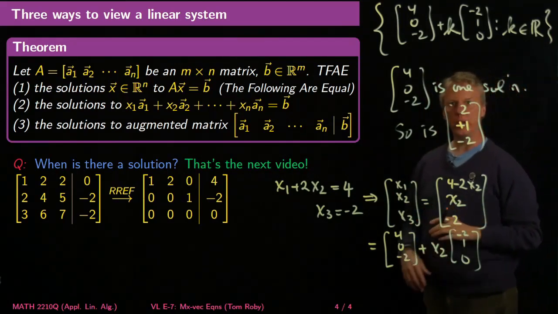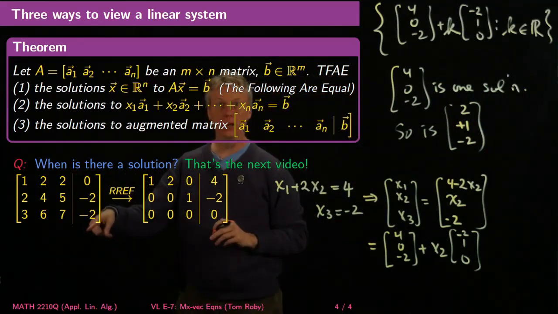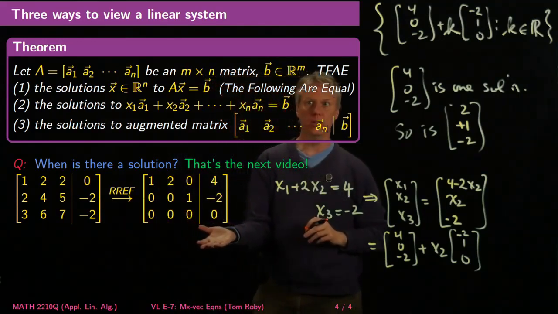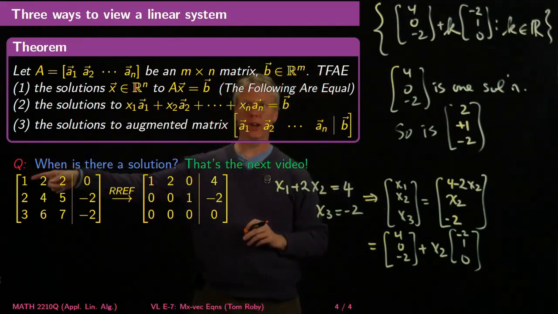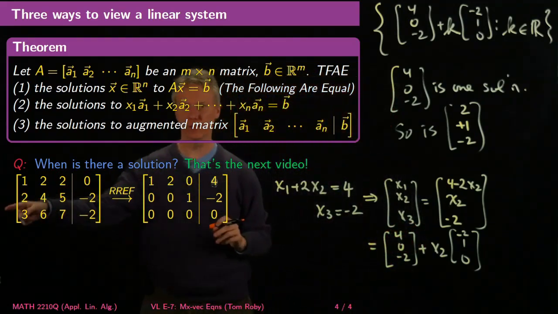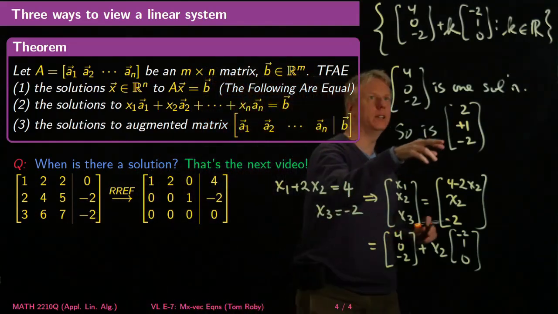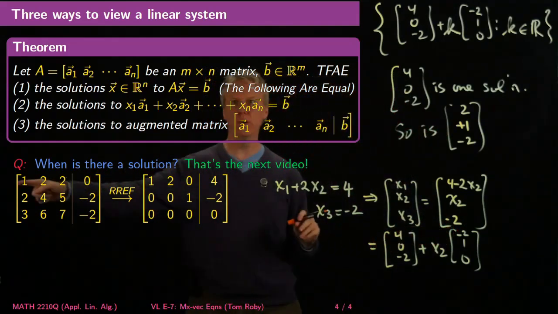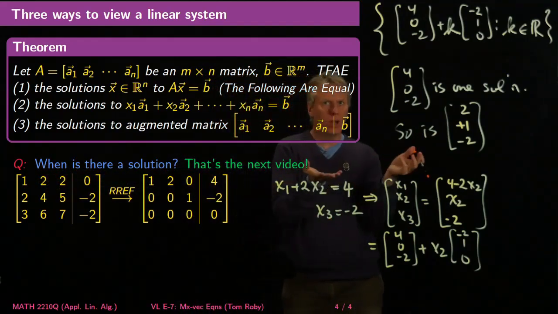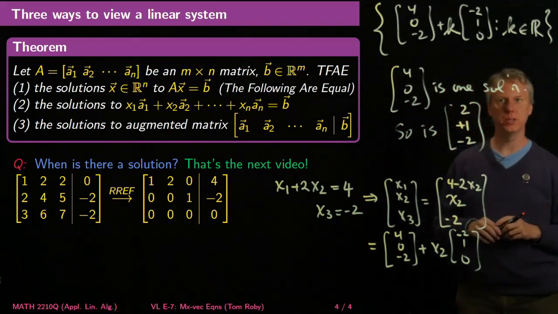But my main point is that if you want to get the output (0, negative 2, negative 2), there are lots of different ways you can do it. One way is by taking the linear combination of these columns given by (4, 0, negative 2): 4 times the first one plus 0 times the second minus 2 times the third. Or you could take 2 of the first, 1 of the second, and minus 2 of the third. You can double check that at home to make sure things are working the way they're supposed to.